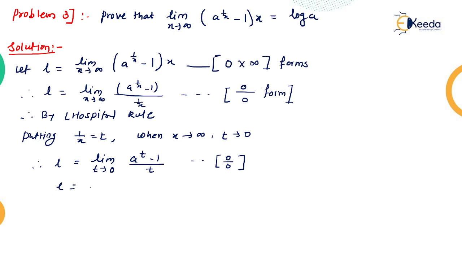So L is equal to the limit as t tends to 0 of a raised to t into log a, minus 1 whose derivative is 0, divided by t whose derivative is 1.